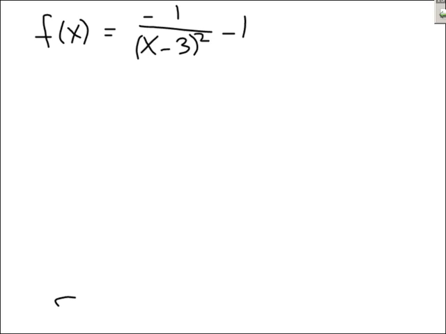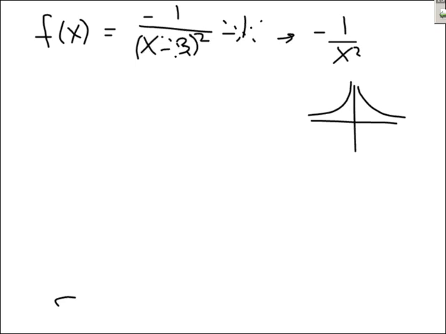So if you ignore the horizontal shift and you ignore the vertical shift, you get a negative 1 over x squared. Now remember, 1 over x squared goes this way, so negative 1 over x squared is just going to go that way. So that's the graph I'm going to draw, the one that I dashed.